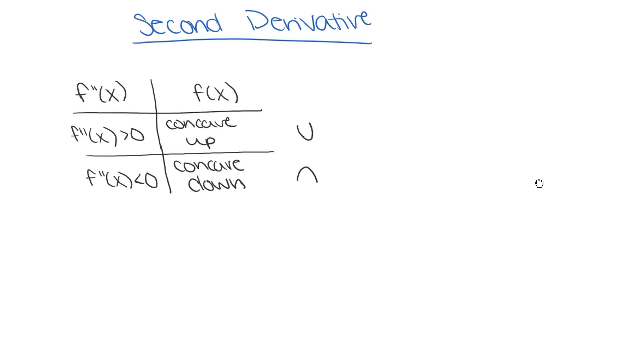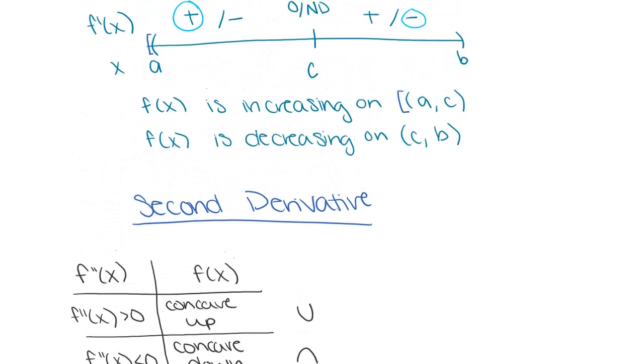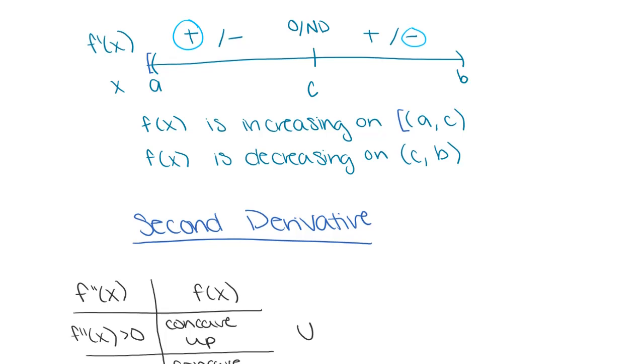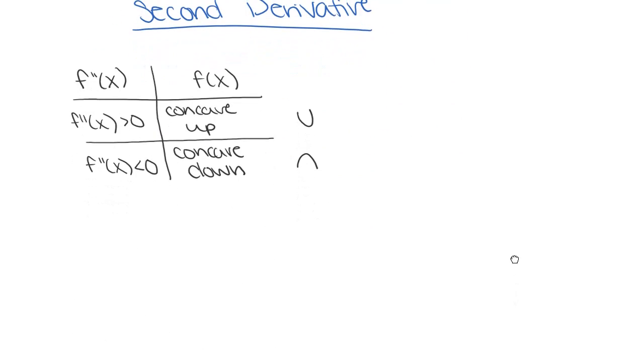And when we are making a sign chart for the second derivative, it's really the same idea as before. Just replace increasing, decreasing with concave up or down, and then you would just put a little dash there. And that's really it. Okay, so that is our second derivative.